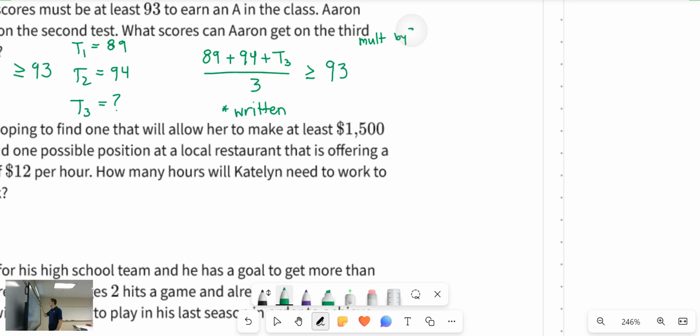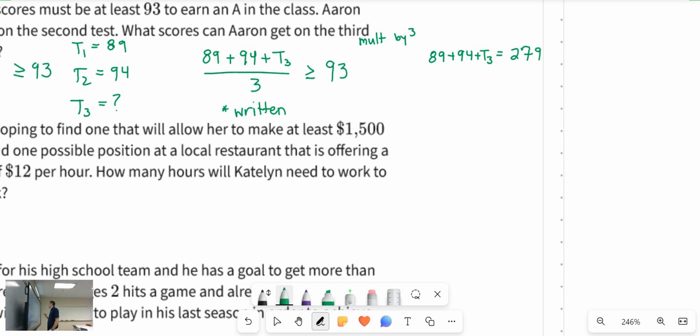What happens there is we get 89 plus 94 plus T3 equals, and then we need to do 93 times 3. Well, 90 times 3 would be 270, and 3 times 3 is 9, so it should be 279. So the sum of all of his scores together needs to be 279.